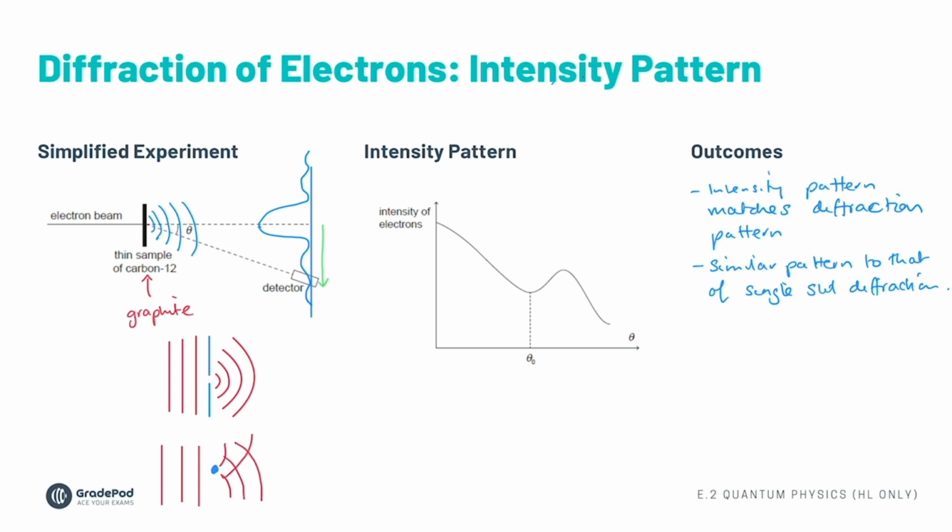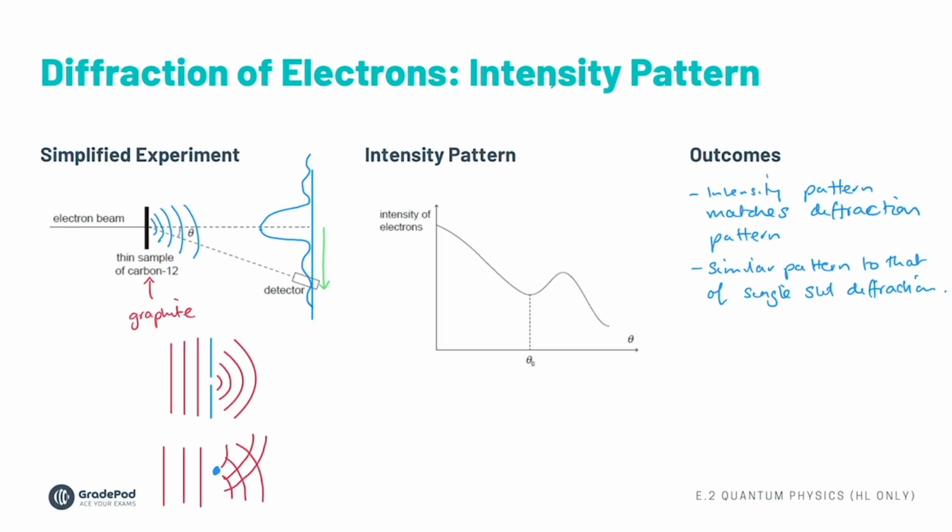Now, this is extra to the syllabus, but when you're diffracting around a thin graphite screen, what you're actually diffracting around is a series of very small nuclei. And each of those very small nuclei is causing this diffraction pattern, which gives this intensity pattern. And that intensity pattern is similar to that of single-slit diffraction.